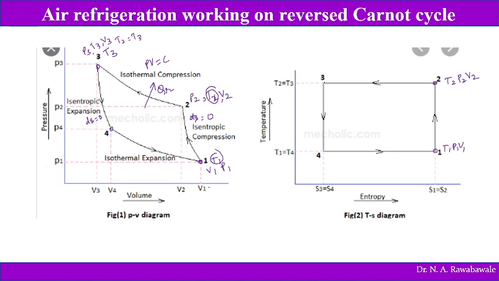So this is represented by this line 3 to 4 on TS diagram. A vertical line indicates the isentropic process. So during isentropic expansion, pressure falls to P4, temperature falls to T4, and volume increases to V4.